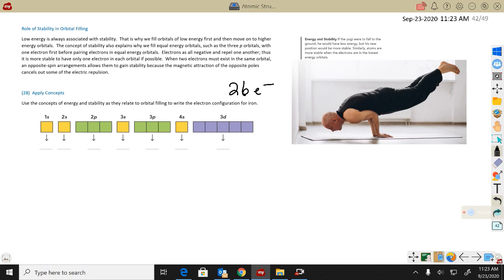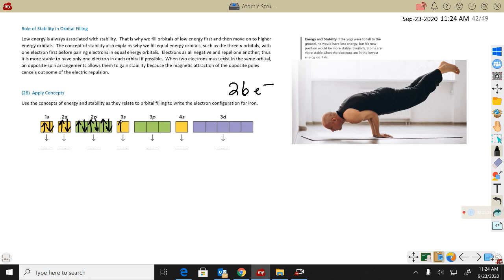So we start at the beginning and then we just work our way to 26. So I would have 1, 2, 3, 4. Technically, when I get to my P's, I like to go 5, 6, 7. Well, for sure I have to pair them. 8, 9, 10.